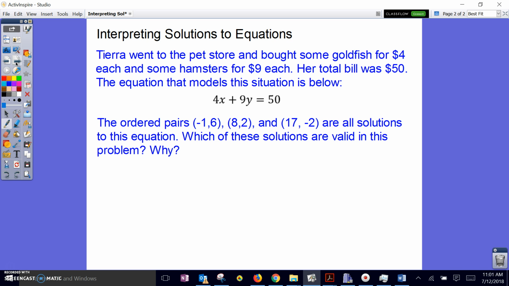All right, so she paid $4 for goldfish. So x represents the number of goldfish that she buys. And she paid $9 for hamsters. So y represents the number of hamsters that she buys.